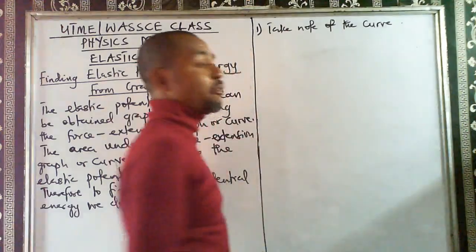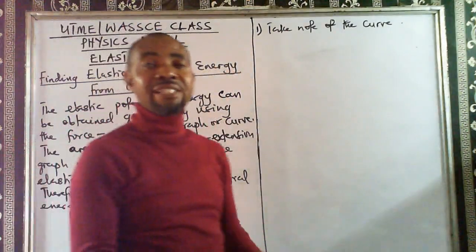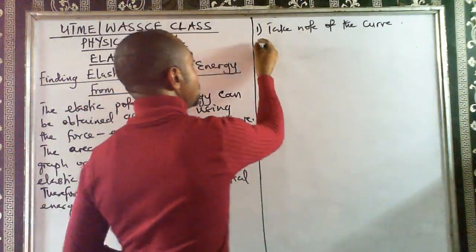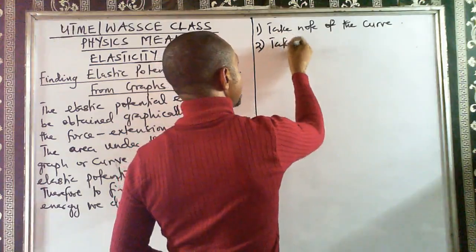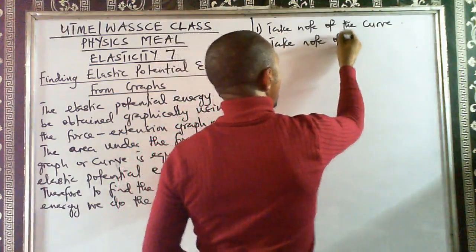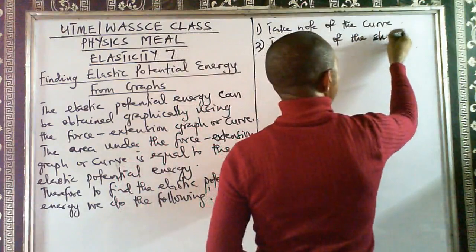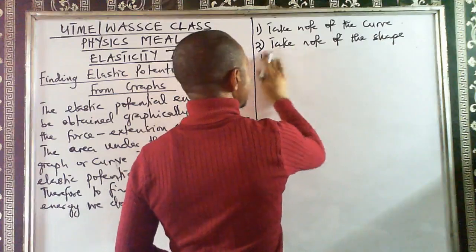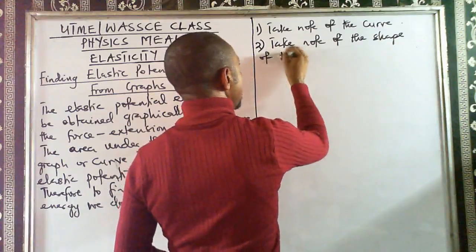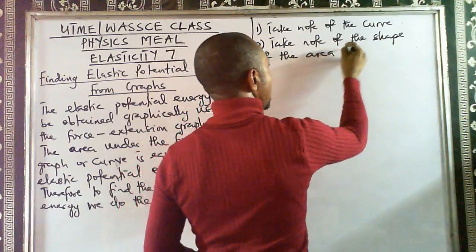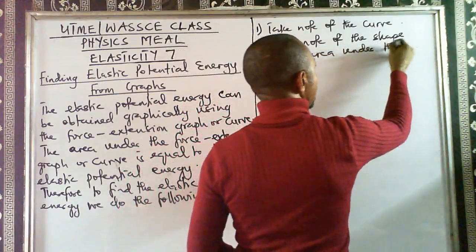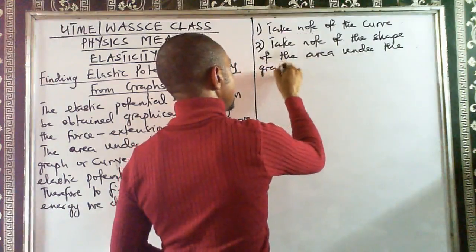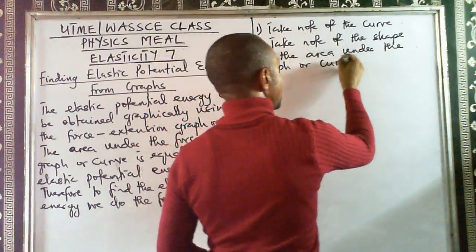Taking note of the curve means you have to ascertain that the curve is a force extension curve. Number 2, take note of the shape of the area under the graph or curve.